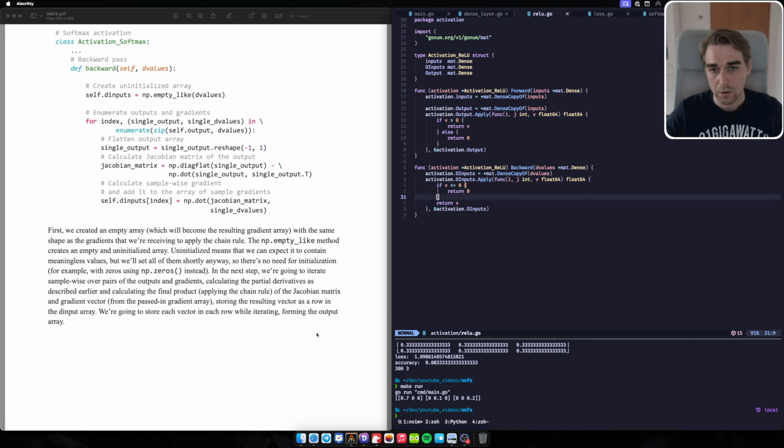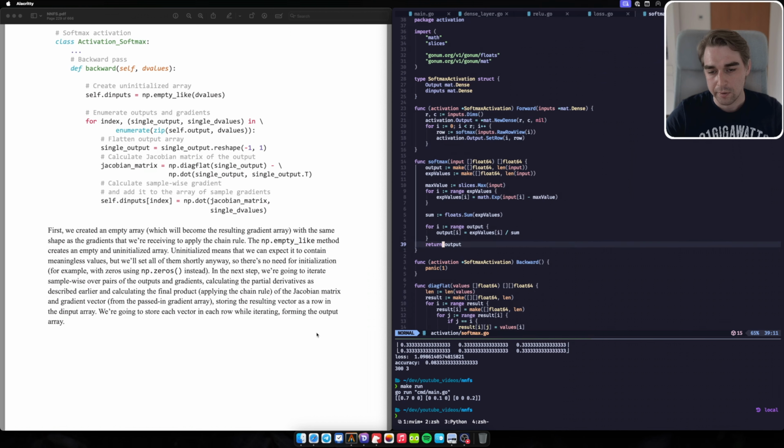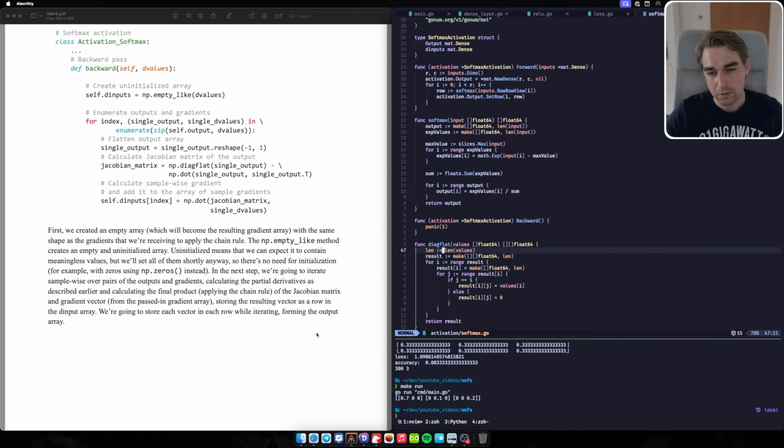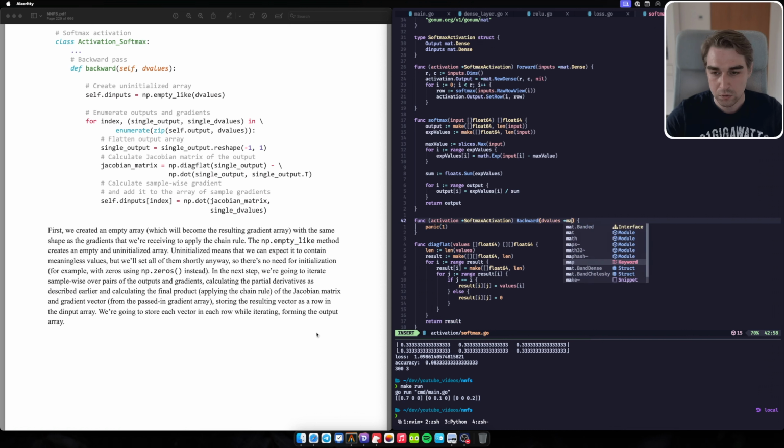Okay, the first thing I need to do is define the inputs, and that will be the values, which is the dense.